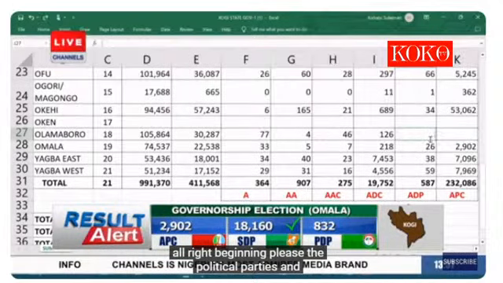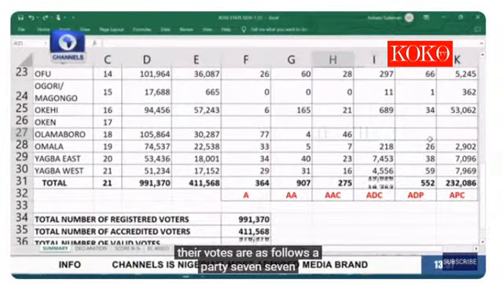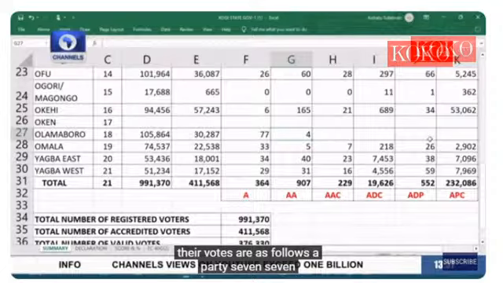The political parties and their votes are as follows. A party, 77.